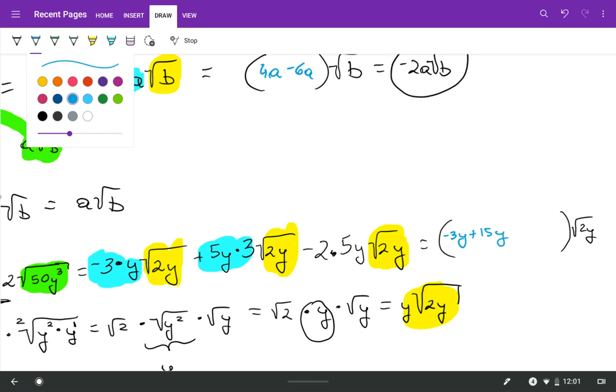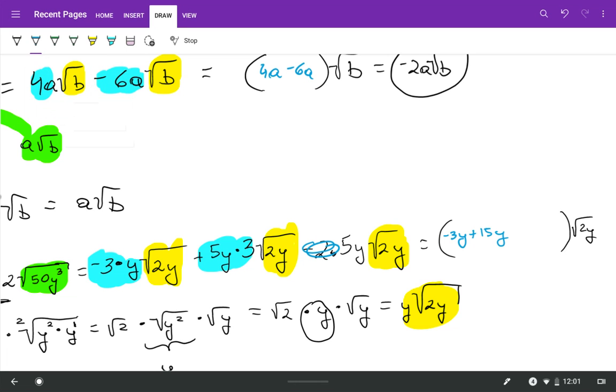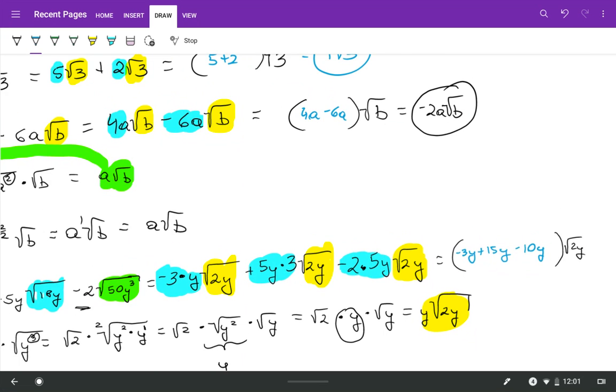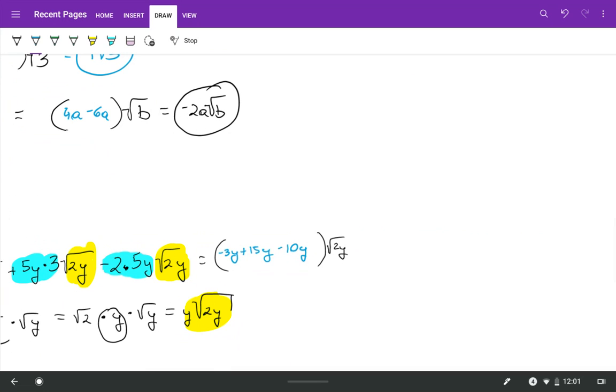and here we have minus 2 times 5y, which will give you negative 10y. Okay, so to simplify that, that will give us, again, negative 3y plus 15y minus 10y.